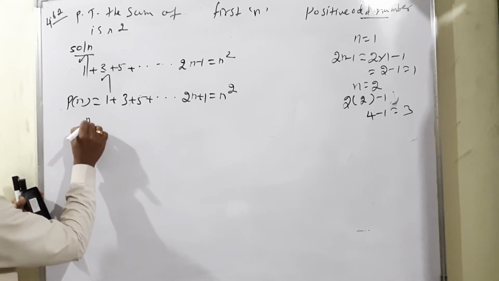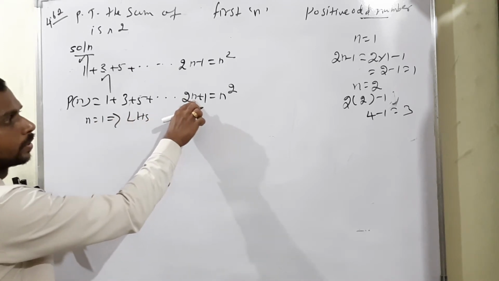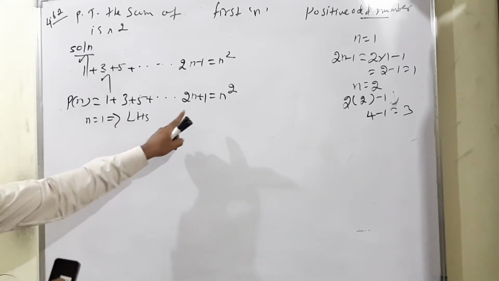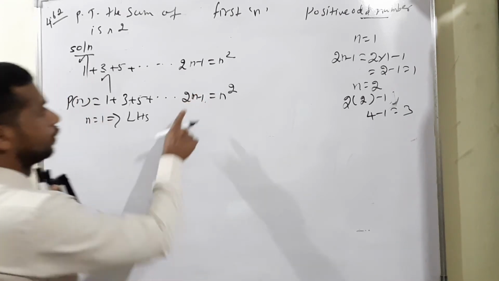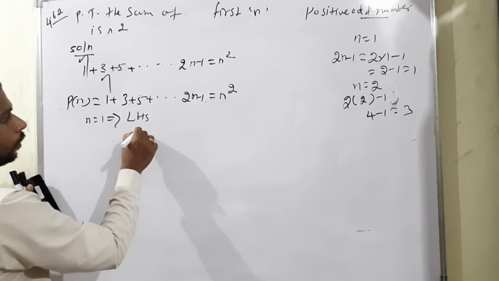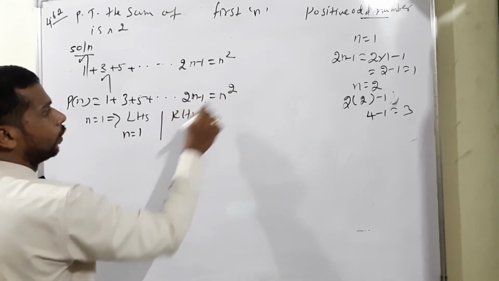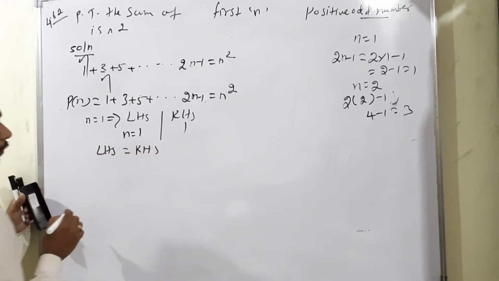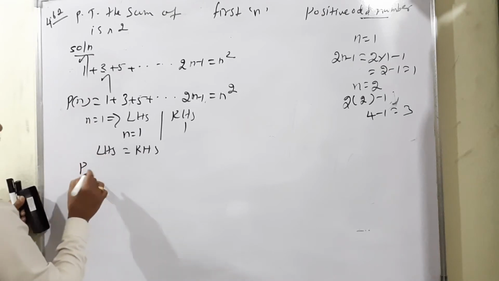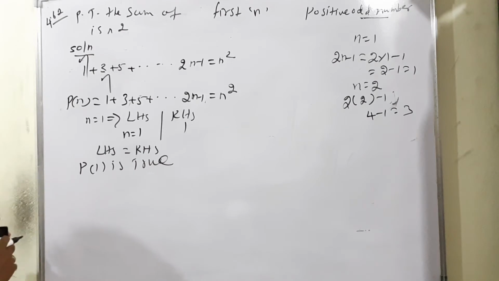If n is equal to 1, then 2 into 1 is 2, minus 1 is equal to 1. So LHS for n equal to 1 will come, then RHS is definitely 1 square, which is 1. Therefore, LHS is equal to RHS, which means we can say P of 1 is true. Okay. Then after getting P of 1 is true, what do we have to do in the second step?